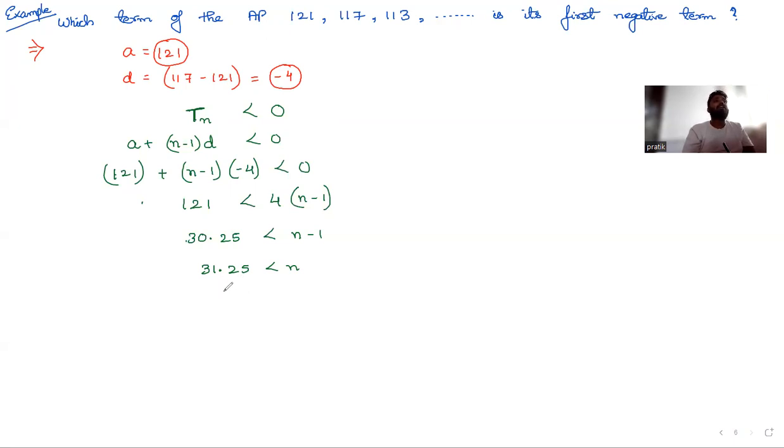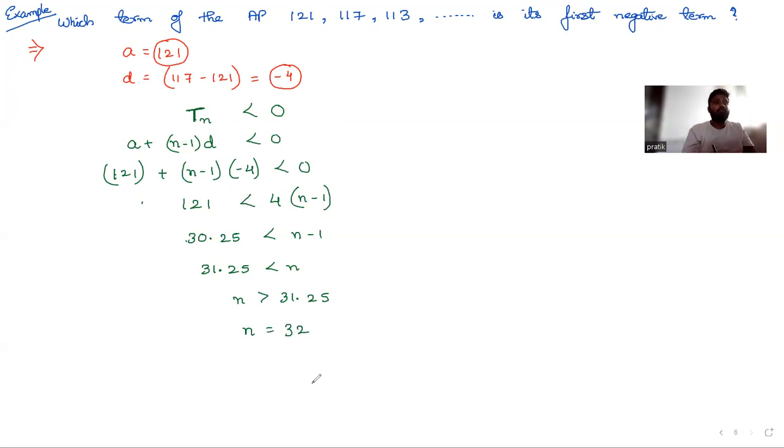So I'll have to take n equal to 32. I hope you understand that n is greater than 31.25 to have your first negative term. So that means n is nothing but equal to 32.